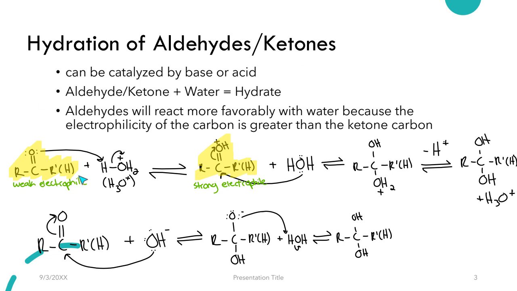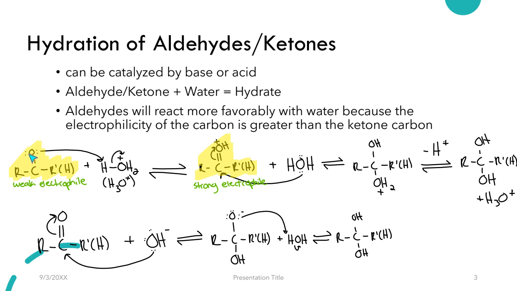So here's the mechanism for that. This is the aldehyde or ketone, and this is the acid catalyzed mechanism. The lone pair of electrons from oxygen will grab a hydrogen. Again, we know that carbon is weakly electrophilic, and to react with water, which is a weak nucleophile, that won't work. So we need to do something to make it a strong electrophile, which we do by protonating with an acid.